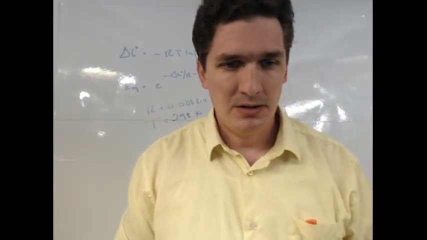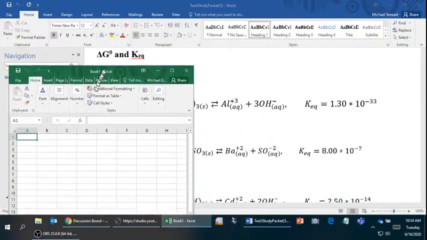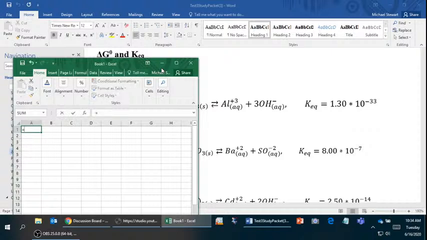Let me bring you back to the desktop. For delta G naught, it's minus R, 0.008314, times the temperature, 298, times the natural log of our KEQ, 1.30 e to the negative 33. In this case, our delta G is 187, 188.